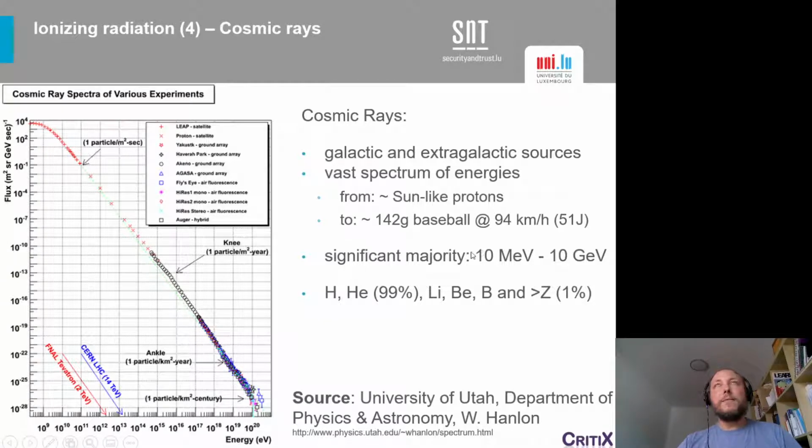This is a particle that can cause almost mechanical damage to, let's say, a semiconductor structure. So this is something which also has to be taken into account. So we have the sun, different sources of solar radiation, and we have cosmic radiation that is coming from extra solar system sources.